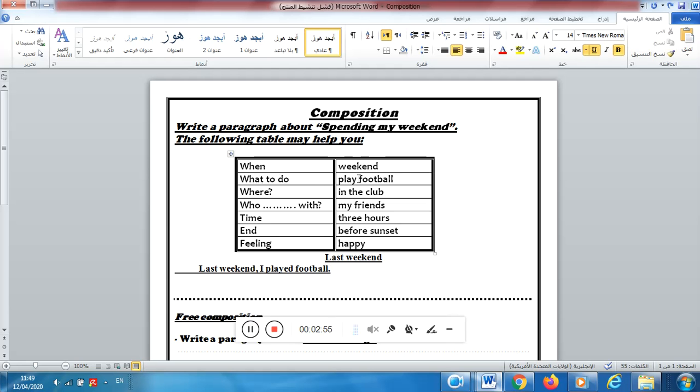Okay, so we joined these two rows in this sentence. Last weekend I played football. Where? In the club. You can say, let's get rid of this. All right. In the club.